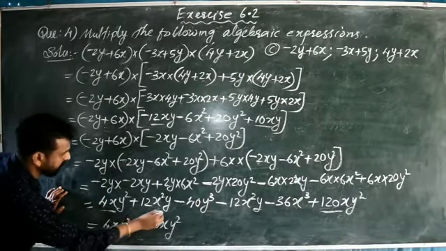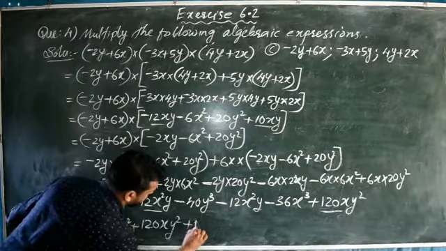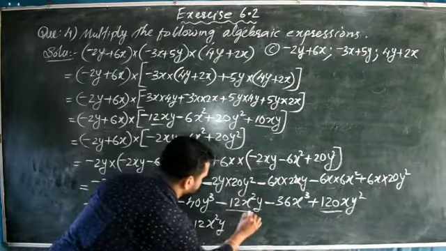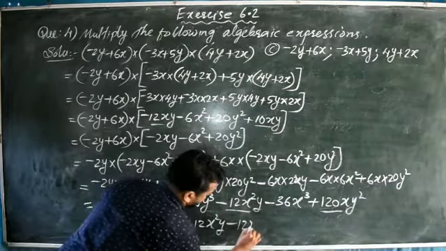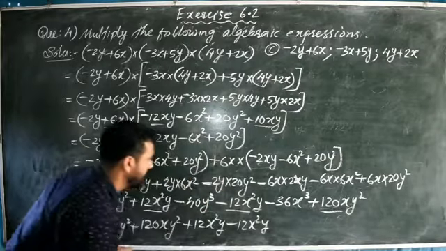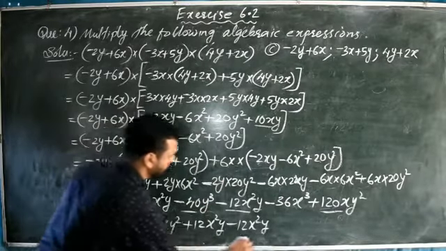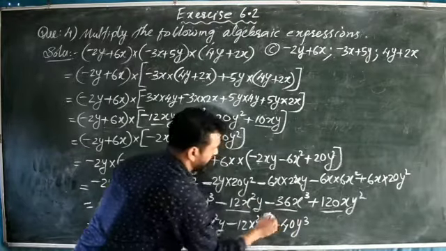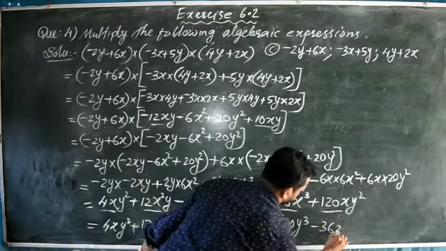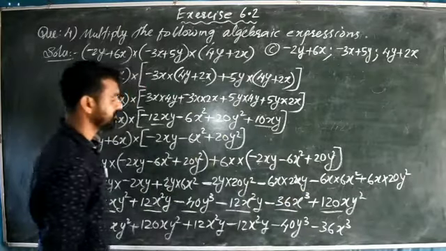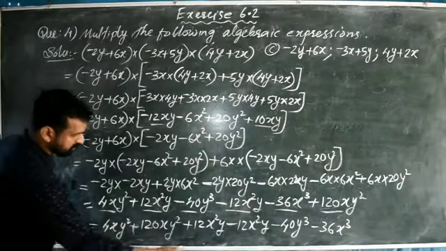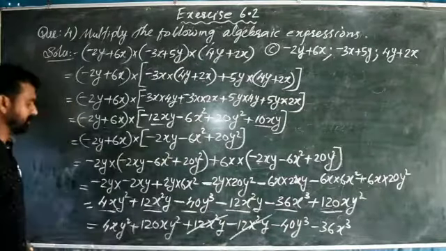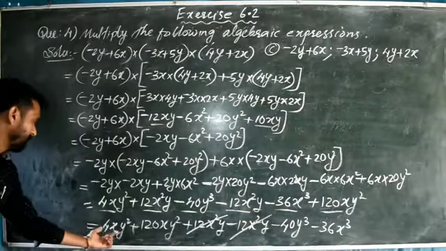Then next one, plus 12 x square y minus 12 x square y. Next one is minus 40y cube, minus 36x cube. Plus 12 x square y minus 12 x square y, we can cancel it. Then add this one.